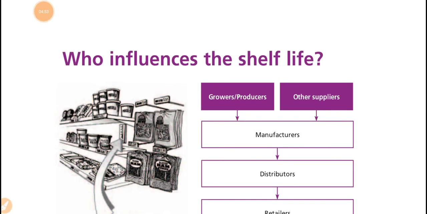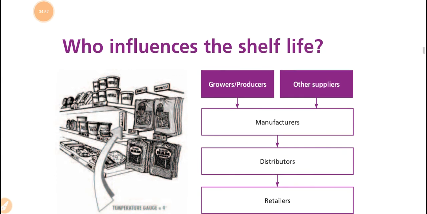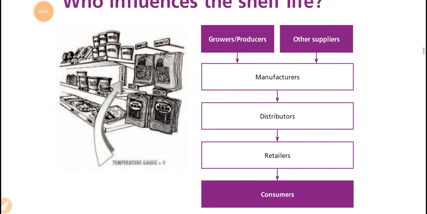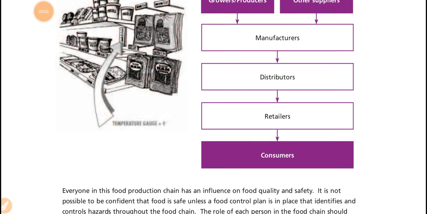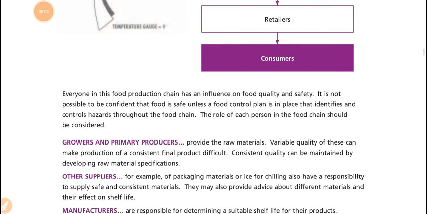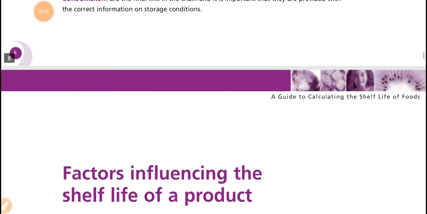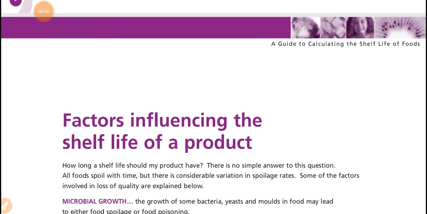Then who influences the shelf life? The grower, producers, other suppliers, manufacturers, distributors, retailers, all are influencing. Mainly consumers are also influencing the shelf life study. All are involved because all are affected by the shelf life of the product.